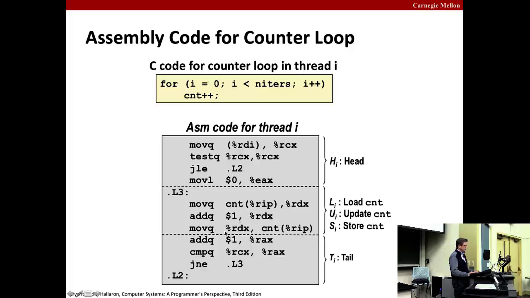And then it stores the updated value of RDX into count, into the location associated with the global variable count. And then the rest of this loop is getting ready to do the next iteration. It's not directly related to incrementing count, so we'll just group this all together and refer to it as T_i for tail.